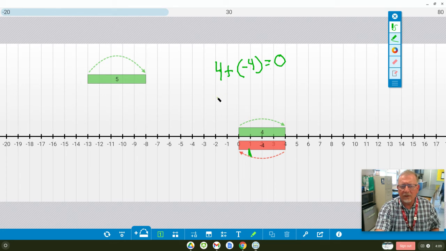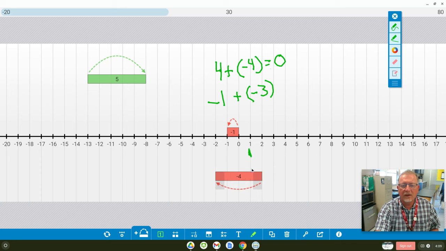Okay, here's one. What if we started out in the negative? What if we started out at negative 1, and then we added another negative 3? What do we do then? Let's try that. So I'm going to go to negative 1. So now we're there. Which way do we go? Well, we're going to go back another 3.